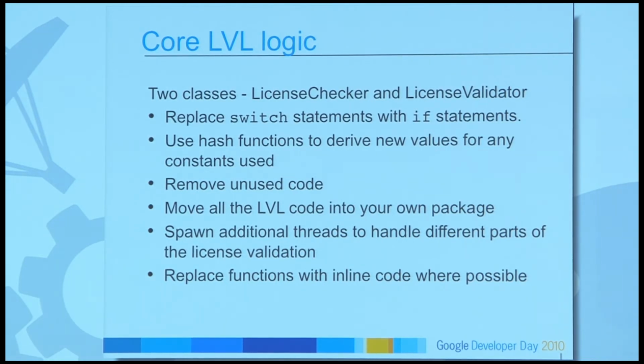You can also consider removing unused code or any public interface you don't need. You can also consider moving all your code, your library, the license check code, into your own package. And in order to make reverse engineering more difficult, you can spawn additional threads to handle different parts of the license validation. You can even replace functions with inline code wherever possible.